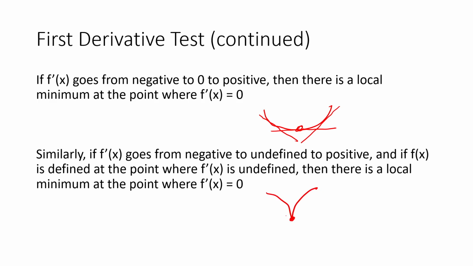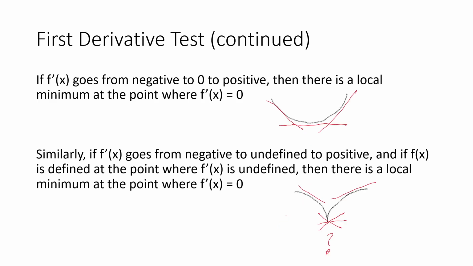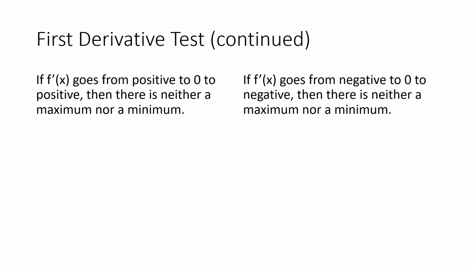If there's a point at which f of x is defined, but f prime of x is undefined, but we're going from a negative slope to an undefined slope to a positive slope, then we can say there's going to be a local minimum there. And that's what that graph would look like. So in both of these last couple of examples, we call those weirder looking curves that perhaps we're not used to cusps, those points.